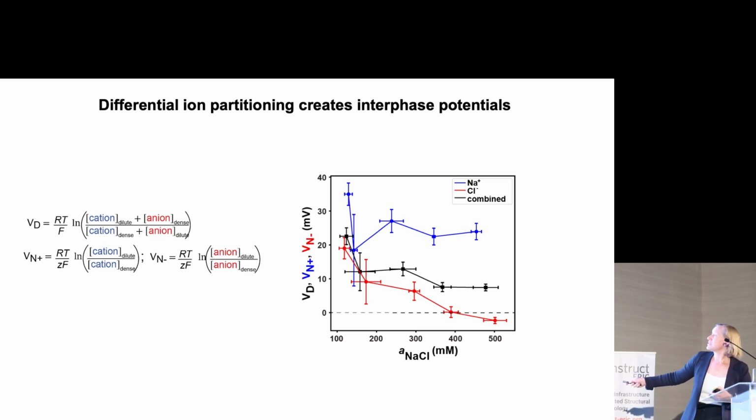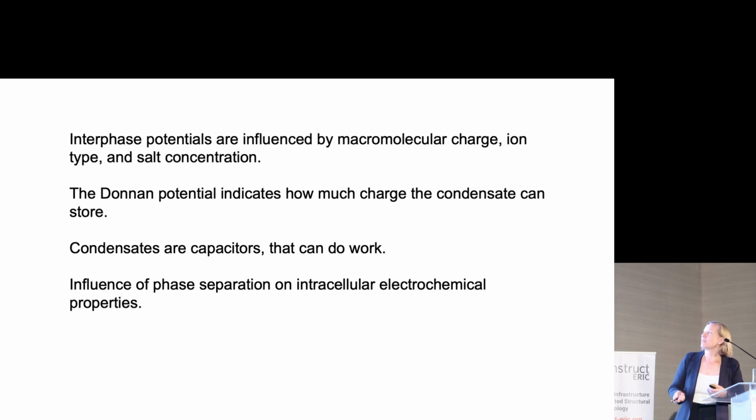And you can see that depending on the salt concentration, in black here, we get potentials of 25 millivolts, right? And this isn't quite like a membrane potential, but we're also looking at a very specific protein here. And you can get quite interesting potentials. And we think that they probably have implications for function.